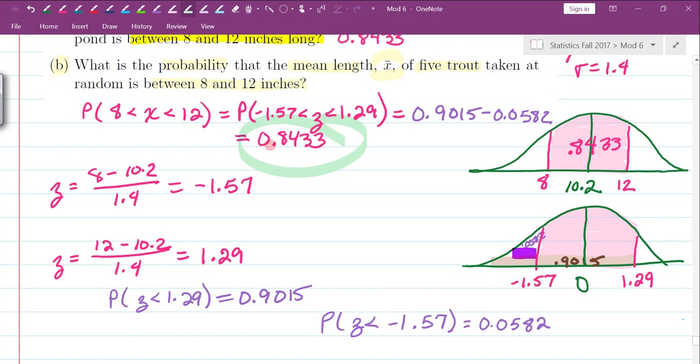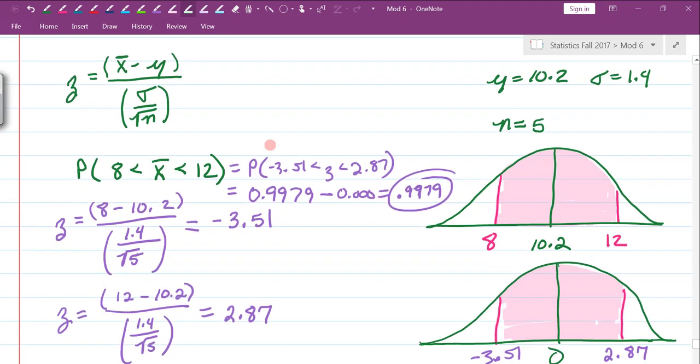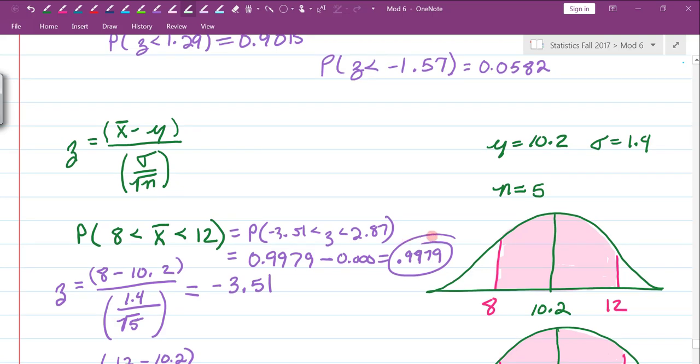Okay, we have a 0.9979 probability of catching 5 fish and having the average length of those 5 fish between 8 and 12 inches long. Do you see the difference? I hope that you do. Okay, let's do some more application. So if you're a little fuzzy, it'll help cement it in.